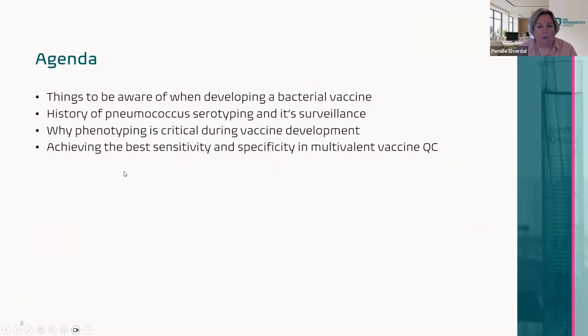The agenda for today is that I want to show you things you need to be aware of when you're developing vaccines, specifically bacterial vaccines. As my background is in the pneumococcus space, I will give you a short history lesson on pneumococcal serotyping and its surveillance, and the vaccine development done in that space.